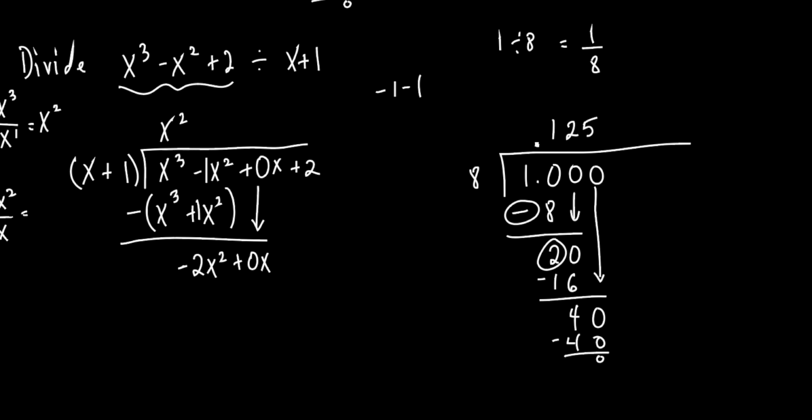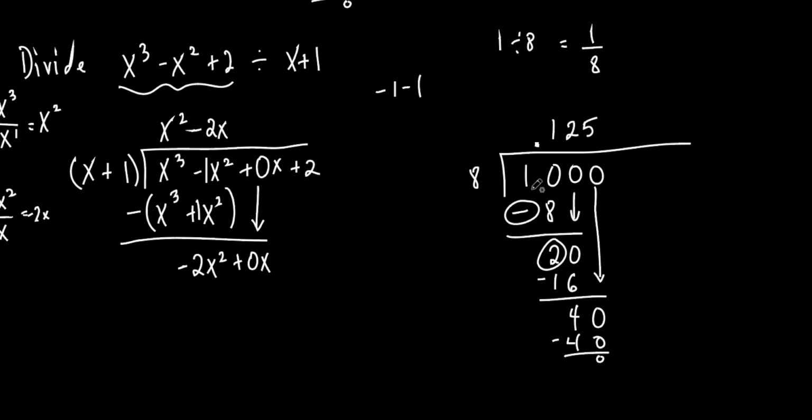What is that? Negative 2x squared divided by x. Negative 2x. Right. So, how many times does x go into negative 2x squared? Negative 2x times. It's like this. How many times does 8 go into 20? Twice. Put the 2 right there. Do you see the correlation between the two?